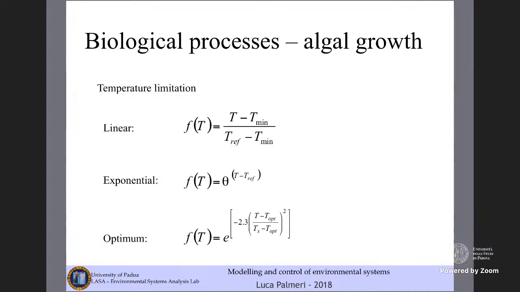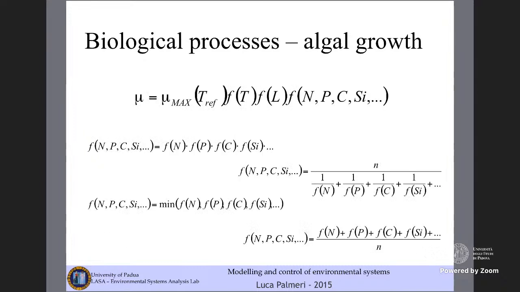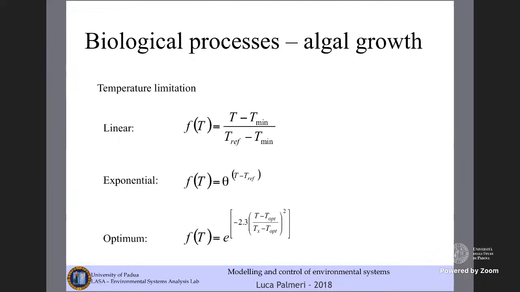Now let's look in more detail at the limiting effect due to temperature. So let's explicitate this FT. In order to describe the limiting effect of temperature, we have essentially three different approaches.